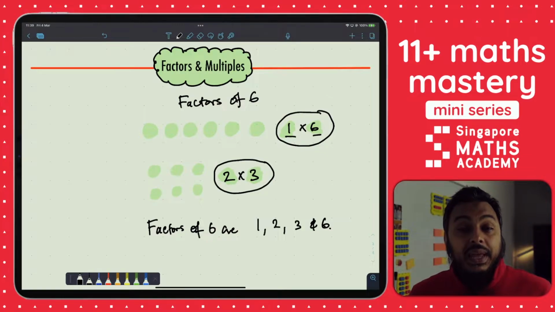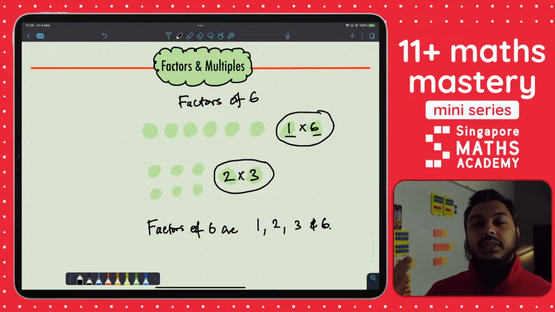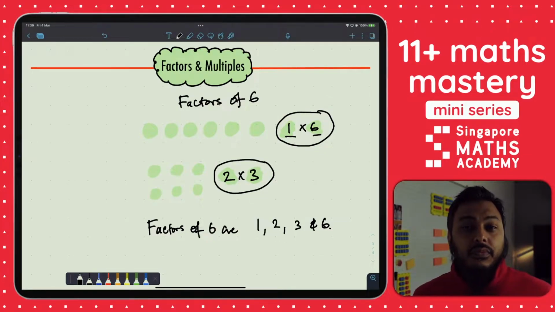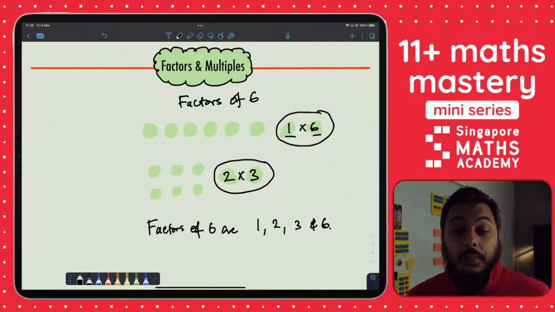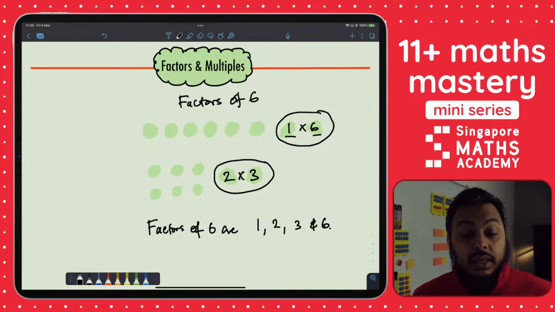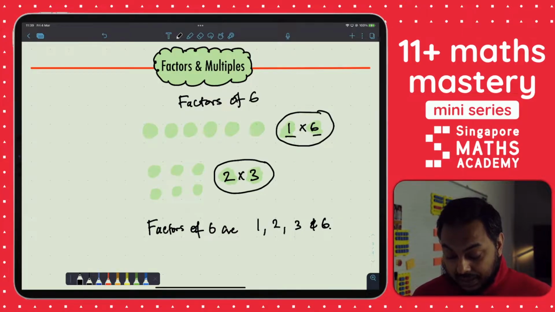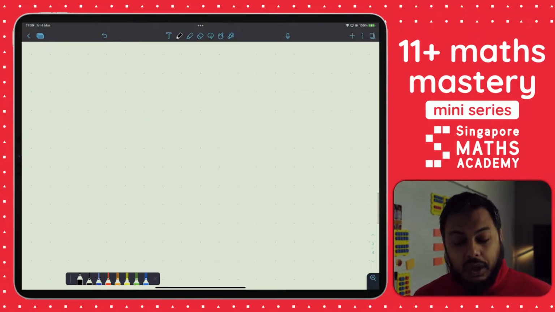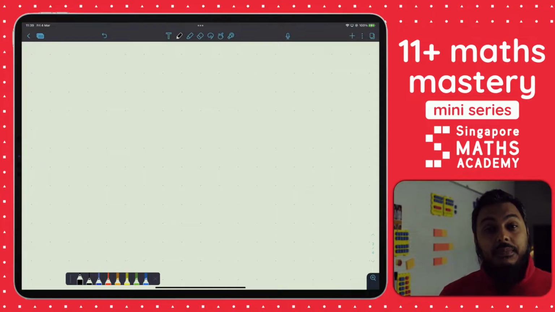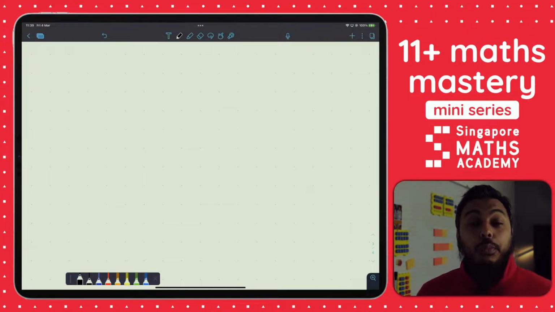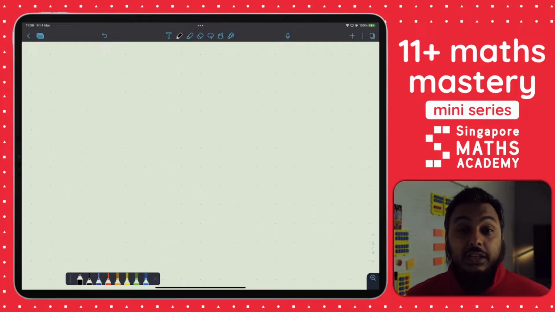If we work in pairs, rather than just trying to work out what I can divide 6 by, then with a larger number you're likely to forget one. We're not working systematically enough. So it's better to work in pairs for factors; it's much more efficient with your time, and you don't make mistakes by forgetting any of the numbers.